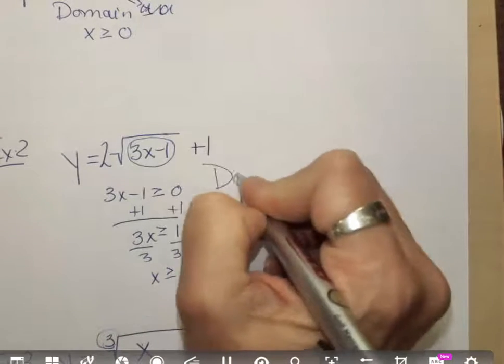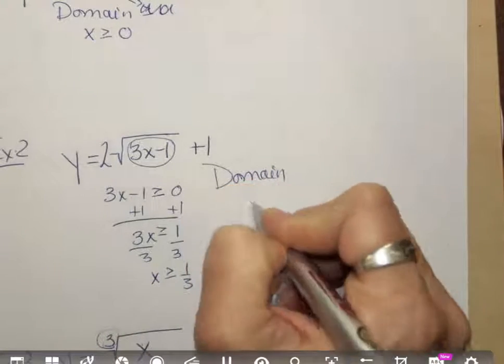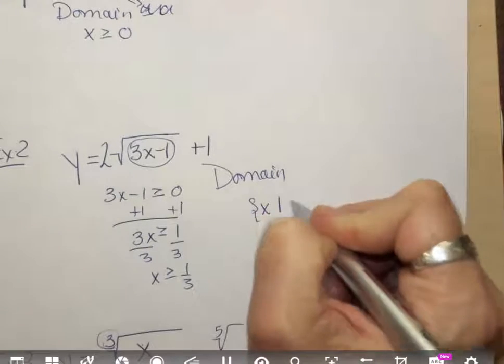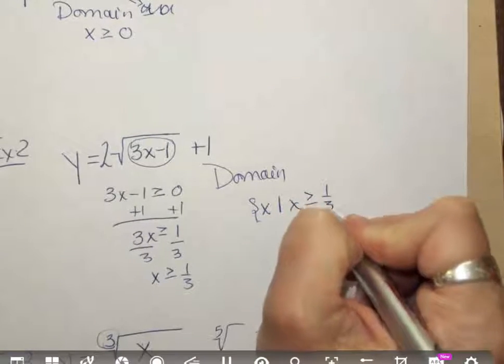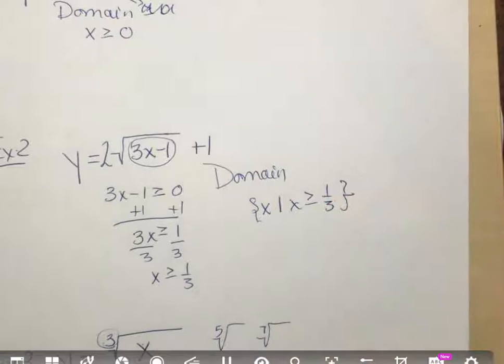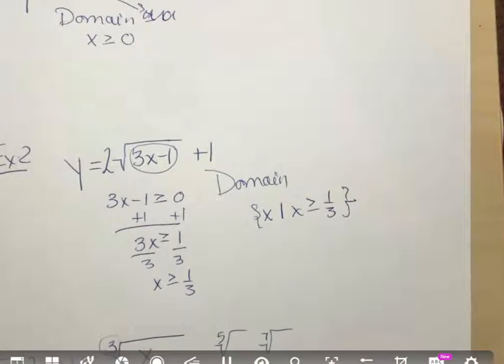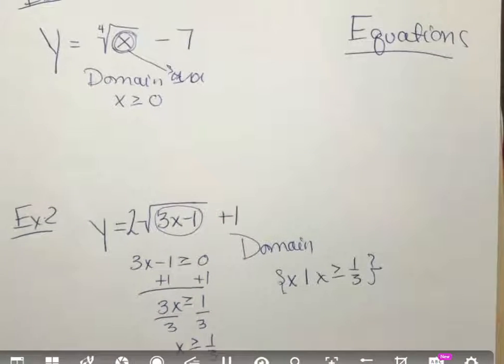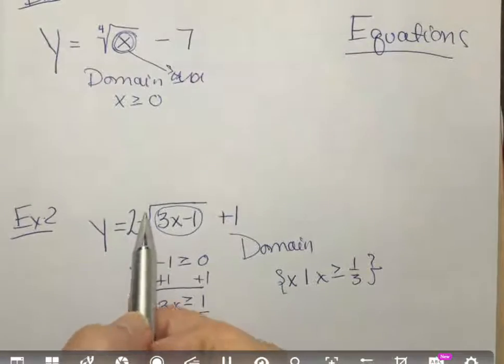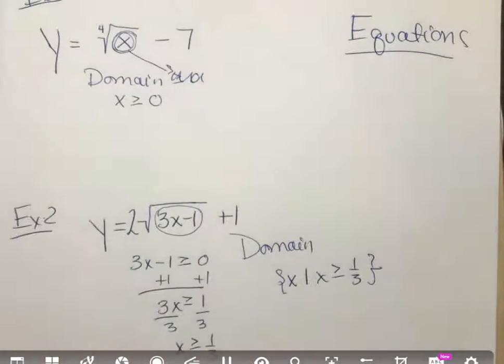So my domain would be x such that x is greater than or equal to 1/3. So that's how you look at it in the equations and get your domain. Anytime I see an even root, 2, 4, 6, 8, I have to have the stuff under the radical be greater than or equal to 0.